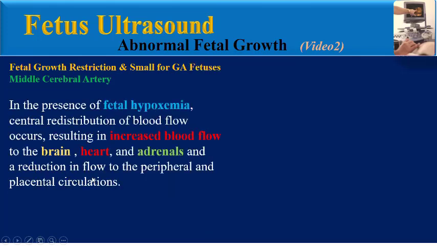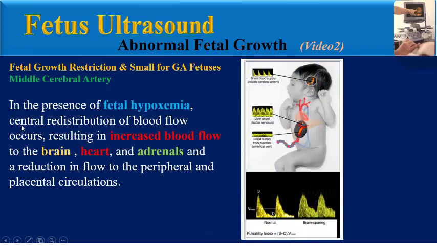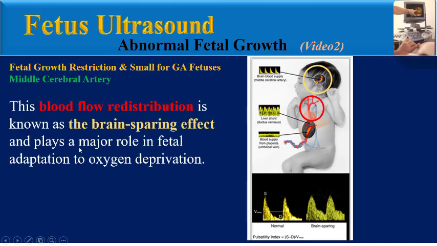In the presence of fetal hypoxemia, central redistribution of blood flow occurs, resulting in increasing blood flow to the brain, heart, and adrenals of the fetus, and a reduction in flow to the peripheral and placental circulations. This blood flow redistribution, known as the brain sparing effect, plays a major role in fetal adaptation to oxygen deprivation.